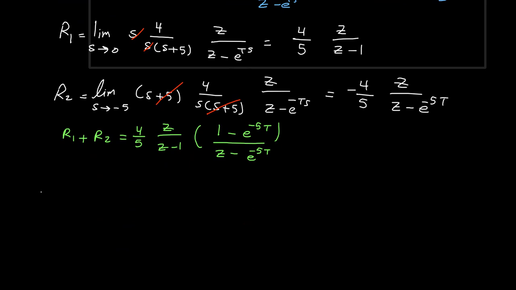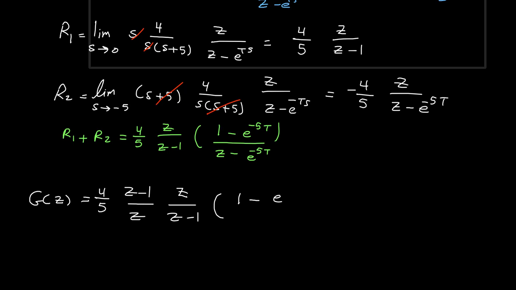Now we need to find g of z, which will equal z minus 1 over z multiplied by R1 plus R2, z over z minus 1, 1 minus exponential minus 5T over z minus exponential minus 5T.